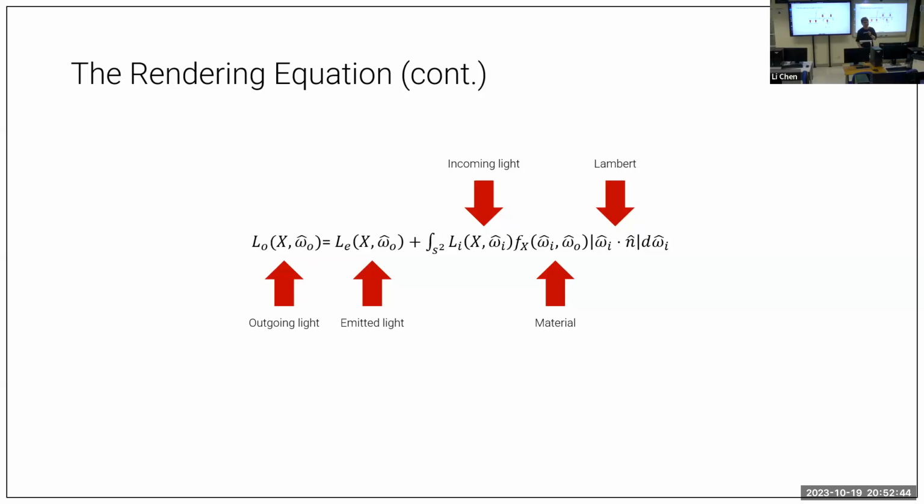This simply means that we need to see all the possible Omega I, all the possible incoming light, and then add them together. That's a loop, right? In order to calculate this, we need to calculate this.